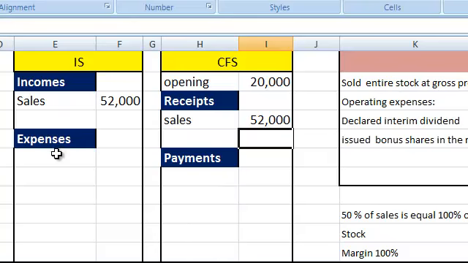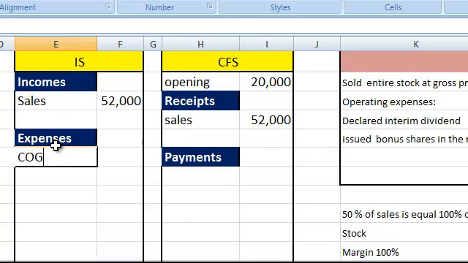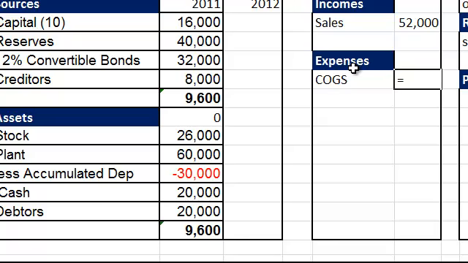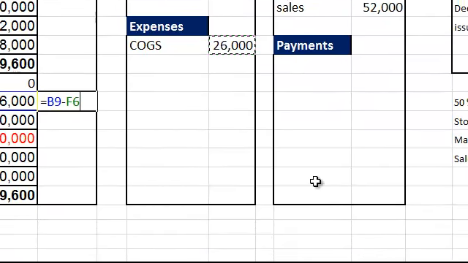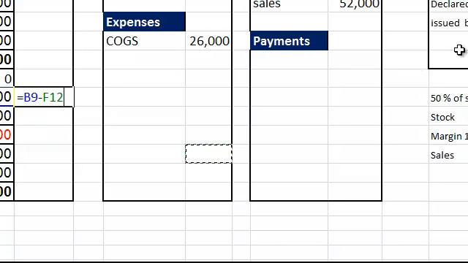Then whenever there is sales, there has to be cost of goods sold. So the cost of goods sold is 26,000. So the entire stock will become the expense. So stock will not be there on the balance sheet.